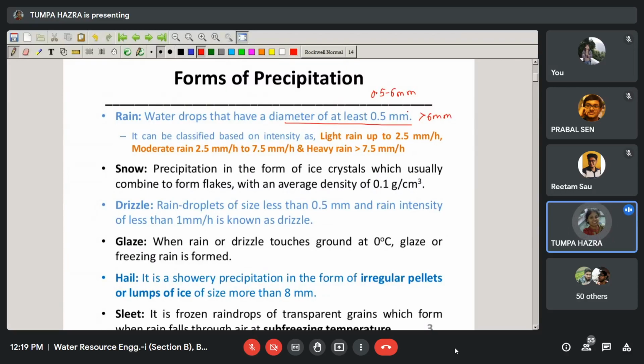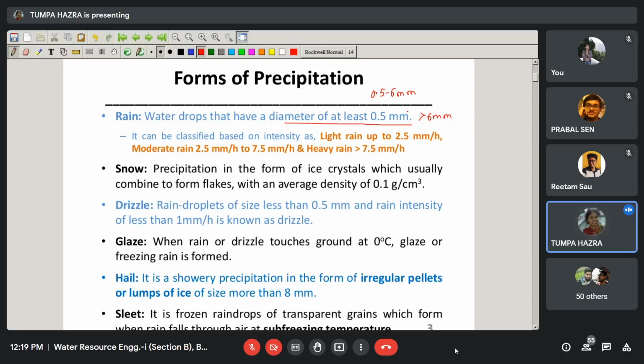Last day I also told you that the water present in different parts of the hydrological cycle can be expressed in terms of depth if the time interval and area extent are specified.